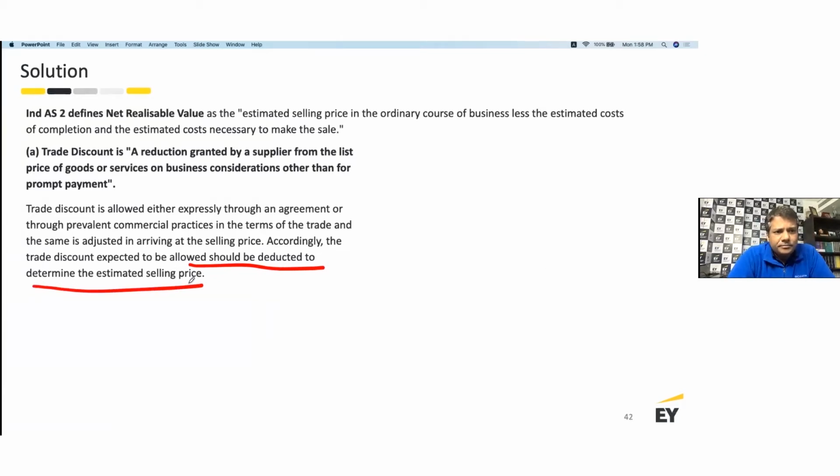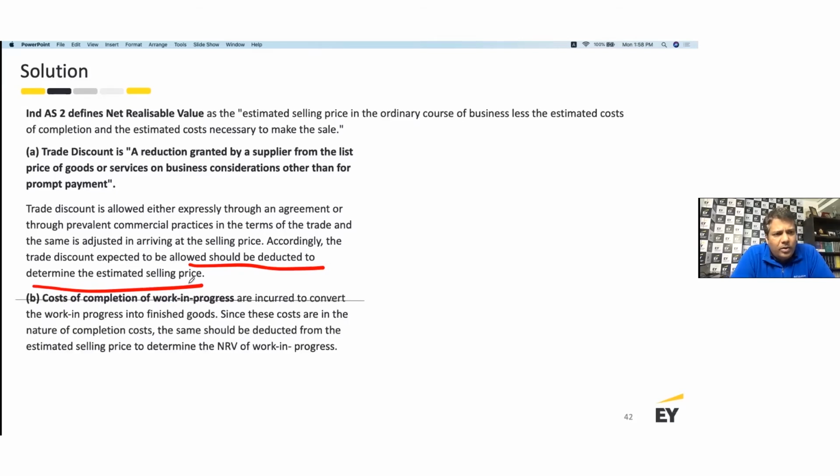Okay, as I explained. Now, the costs of completion of work in process are incurred to convert the work in progress into finished goods. Since these costs are in the nature of completion cost, they should be deducted from the estimated selling price to determine the NRV of work in progress.